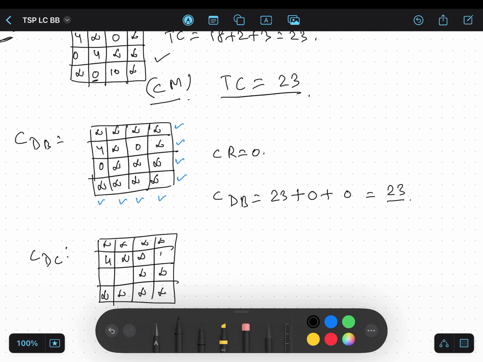Four, infinity, infinity, 0, 4. Let's see. So this row has minimum 4, this row has minimum 0, this is okay, this is okay.